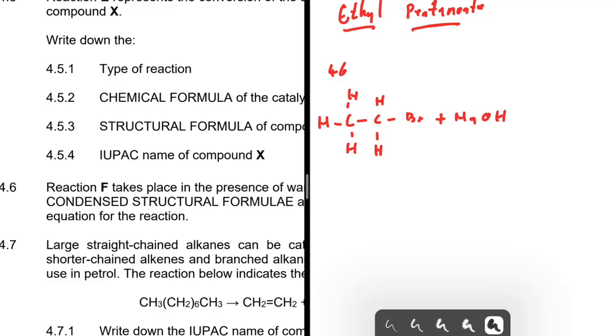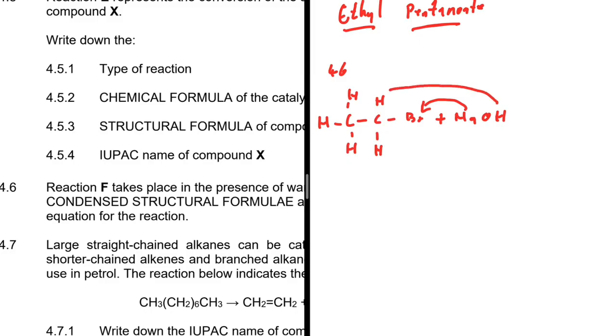So what happens here is that Na will bond with Br, and then OH will bond with the hydrogen removed, right? And then our byproducts, we're going to have NaBr plus H2O. Okay, that's how it goes.